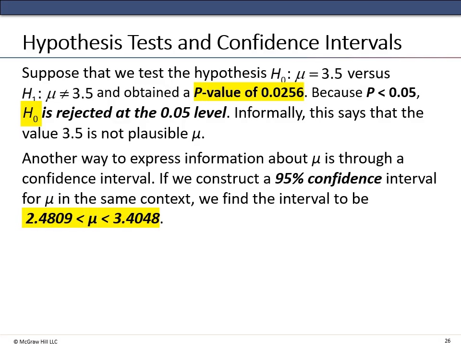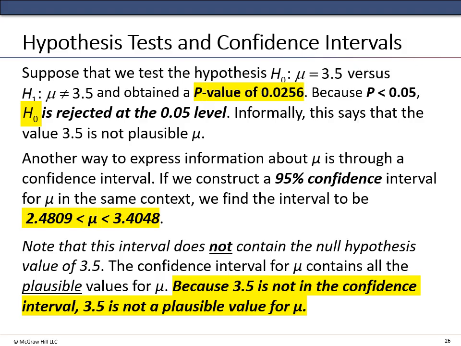Another way to express the information about the population mean is through a confidence interval. If we construct a 95% confidence interval for the population mean in the same context, we find the interval to be between 2.4809 and 3.4048.